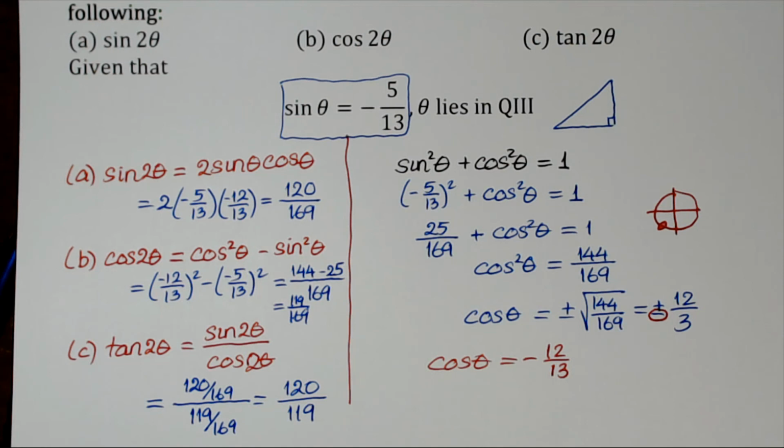Right. And when we have that, we just substitute it back in, and we will have sine of 2 theta is 2 times sine will be that, and cosine is that.